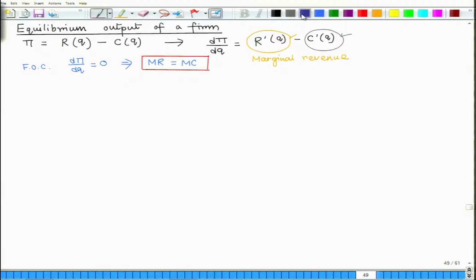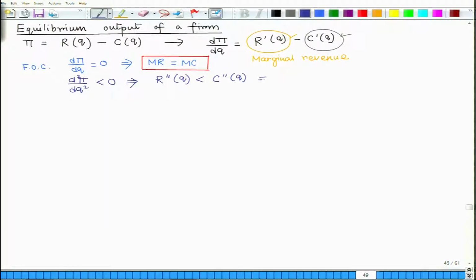Now, to find the second order condition, we have to differentiate again, and we have to find out d square pi dq square, right, and we know that that has to be less than 0 for the profit maximization problem. Now, that means that R double prime Q shall be less than C double prime Q, right.